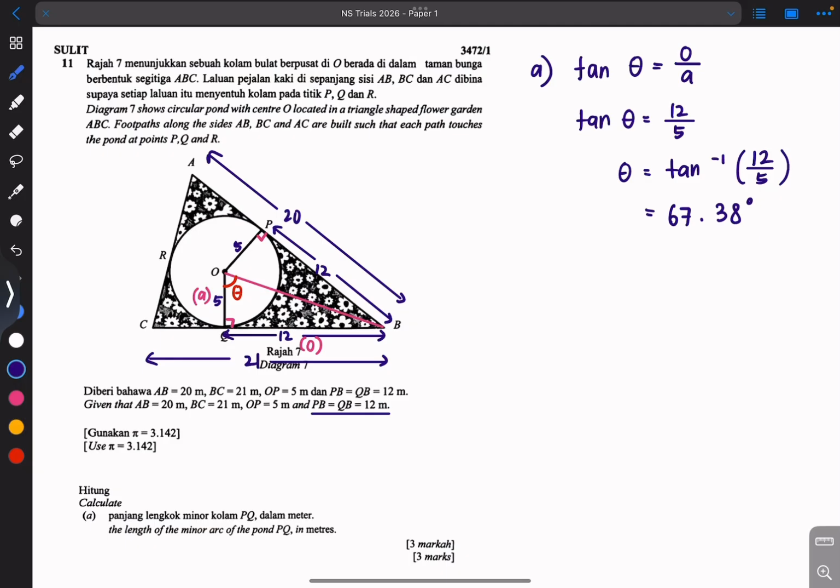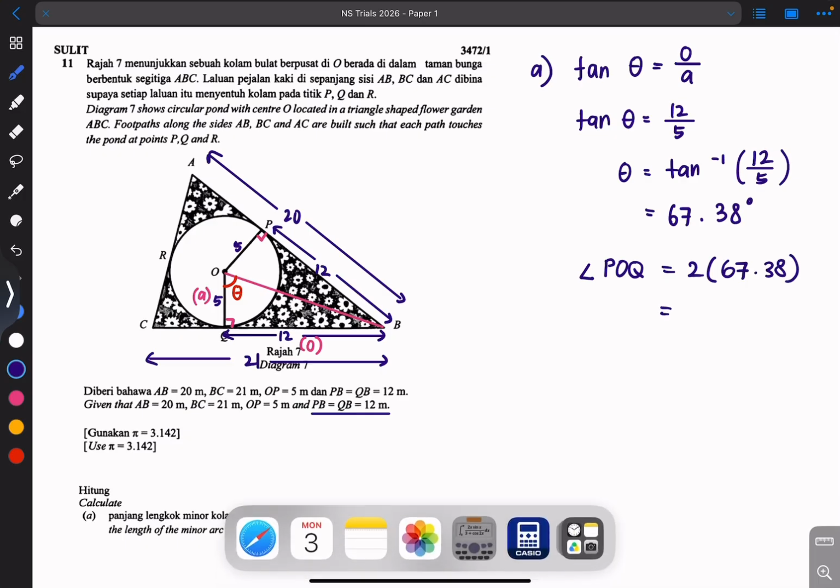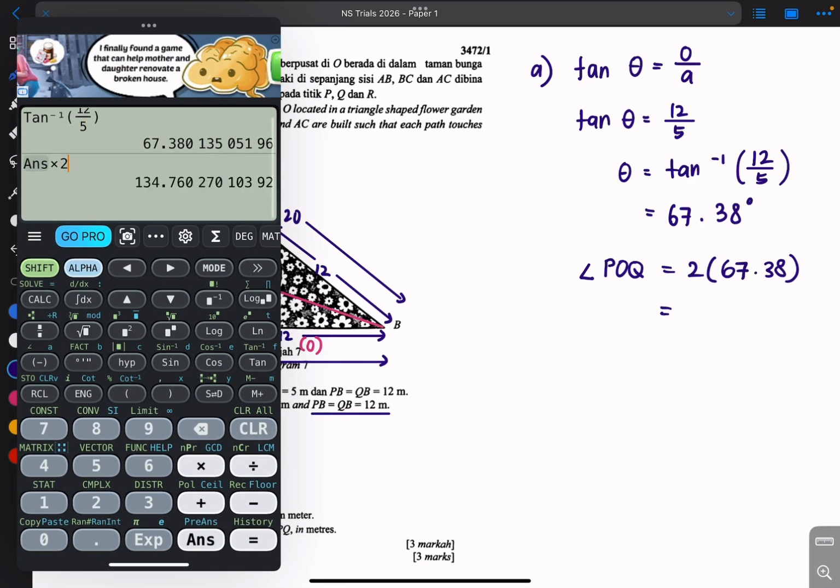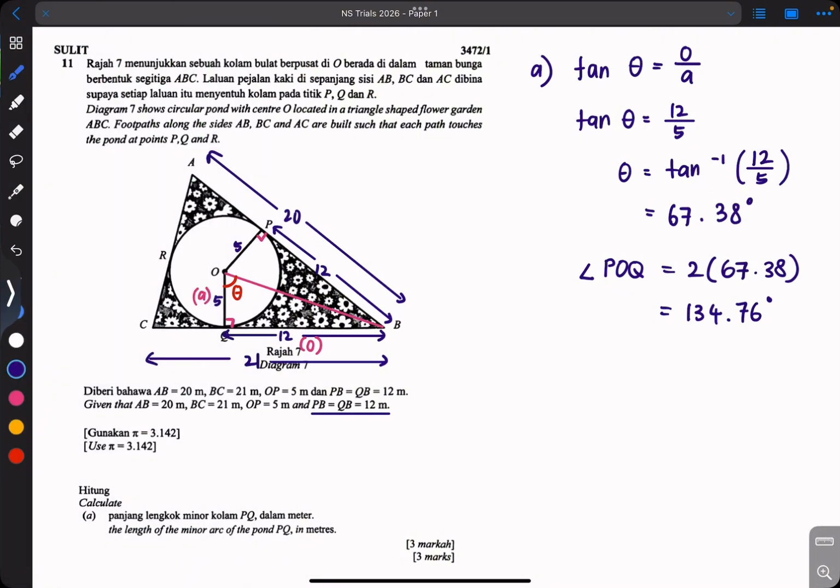Now that we have this theta, we can double it to find the whole theta. So we can say angle POQ is 2 times 67.38, so we get 134.76. Now that we have the whole angle, I think I can erase this. Then we write here, this whole angle is 134.76 degrees.